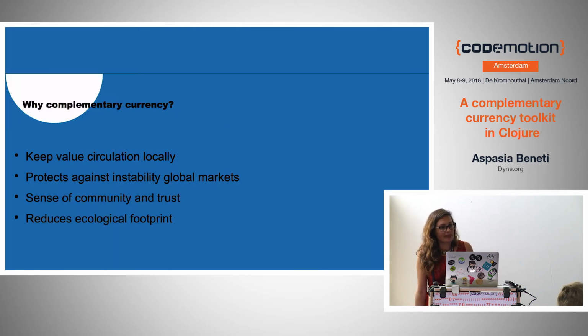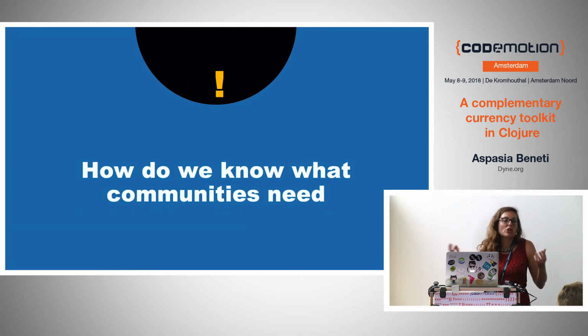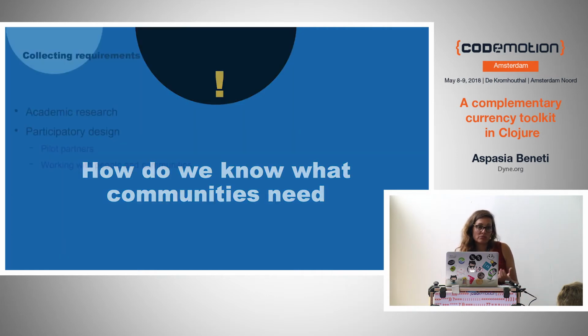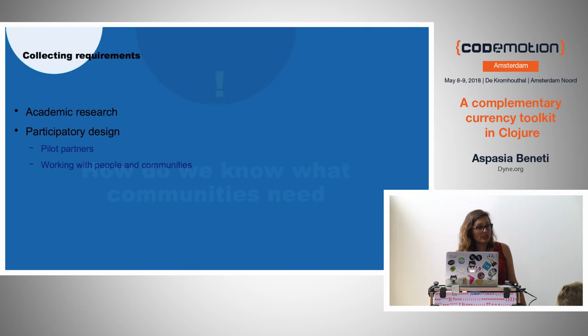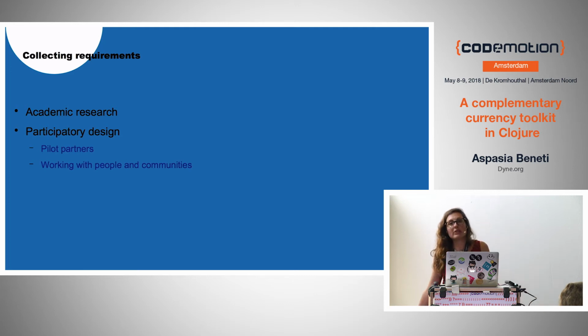All this is nice in theory, but how do we know in this project what people actually need? We collect requirements for our software from two places. One is the research, because as I said, many partners are academic researchers, sociologists, economists, so they do the basic work.